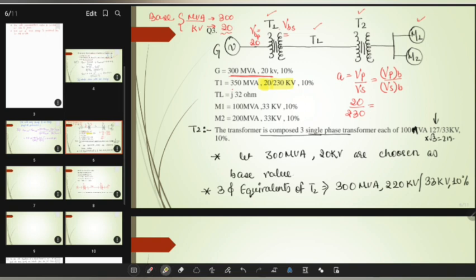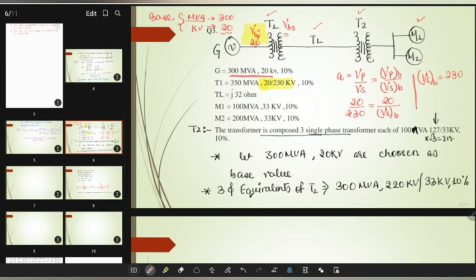Now what is Vp base? Vp base is here 20, and we need to find Vs base, right? So Vs base will be equal to 230 kV.